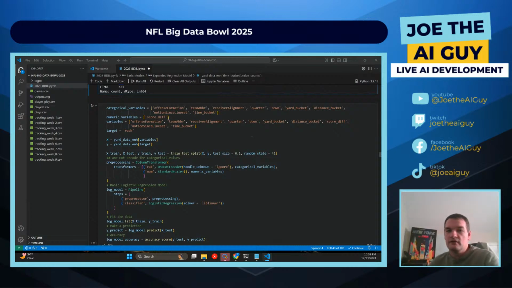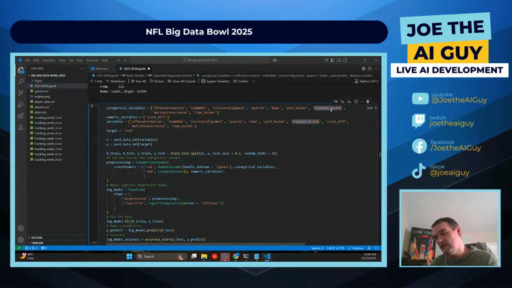All right, so then adding these new fields to the model gives us different results, right? So add those game situation information: what quarter, what down, the yard buckets here, distance is the number of yards to score, was there motion, how much time is left, and then the score differential here.